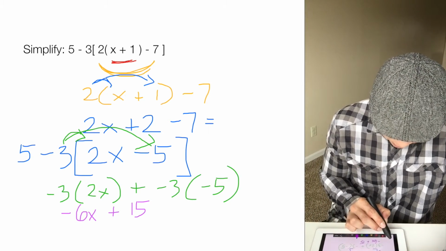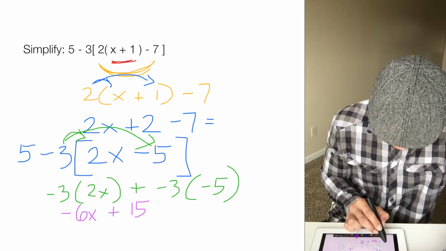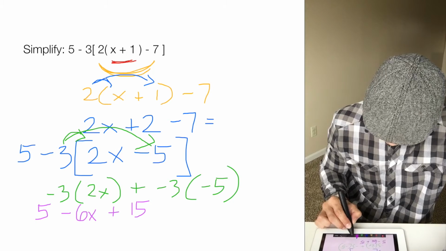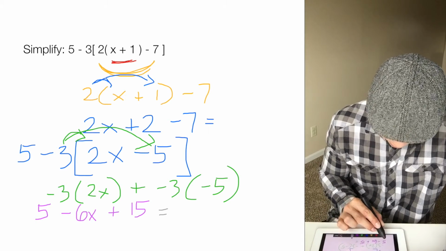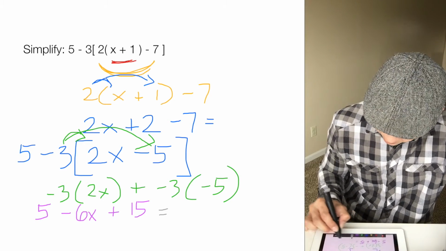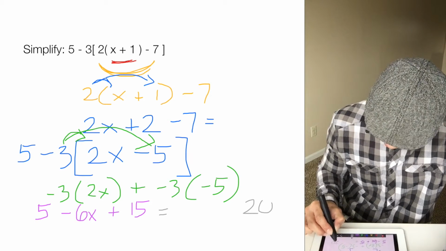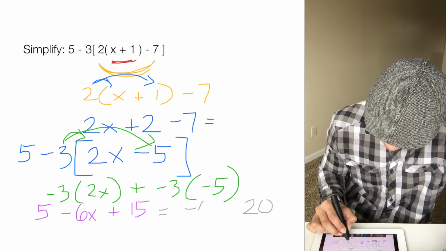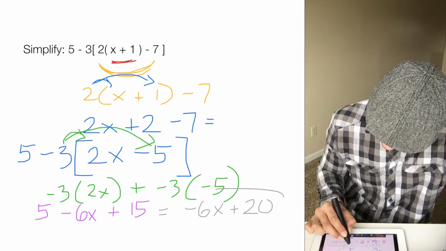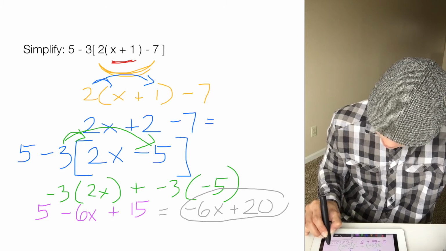So now here we have 5. We can add our algebraic expression 5. So now 5 plus 15 gives us 20. So we have negative 6x plus 20. So that's our answer.